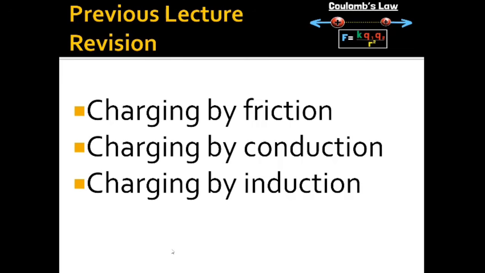And when this happens, at any point of earthing, that body becomes charged. So now in induction, unlike conduction, the body that is charged maintains an opposite charge to the body that is charging it. This is more like a summary of our last class. So today, let's go into the class we have today.